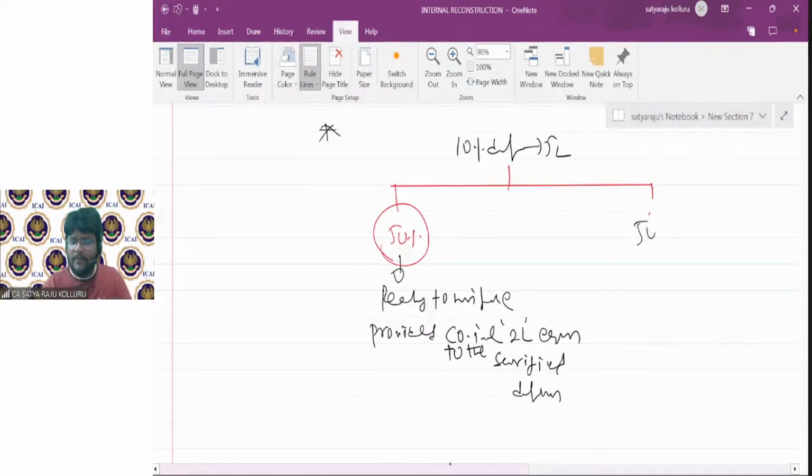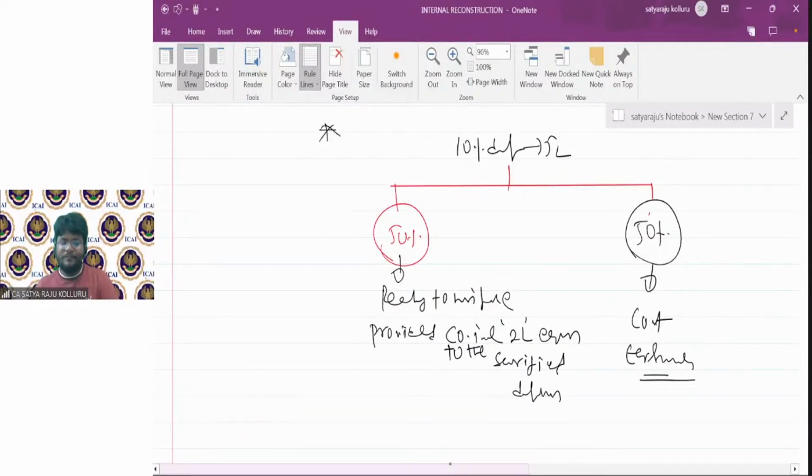For the remaining 50%, as in the same situation, they continue to expect equity shares. That's why the company is issuing equity shares for the other 50%. Let us assume. Now, what is the journal entry, sir?